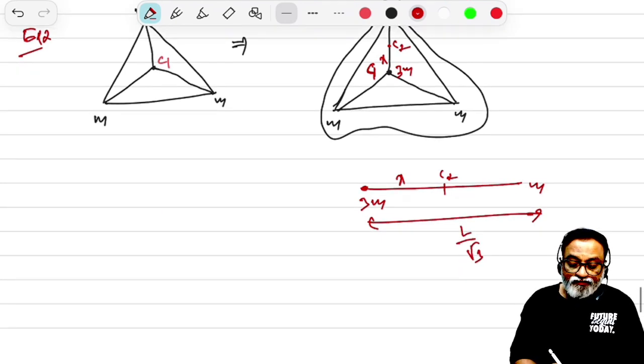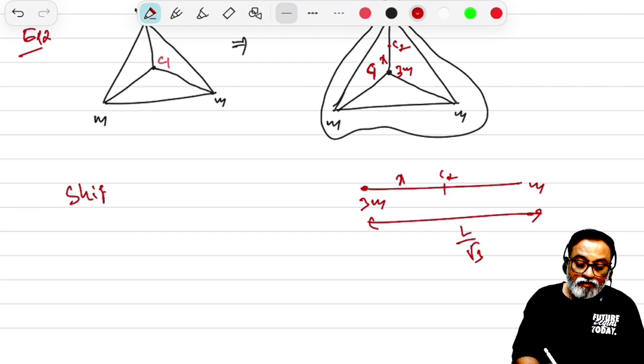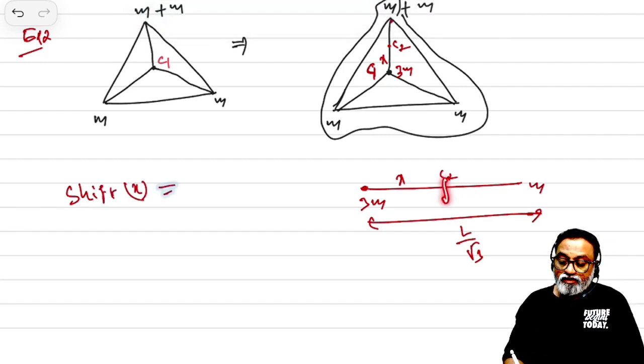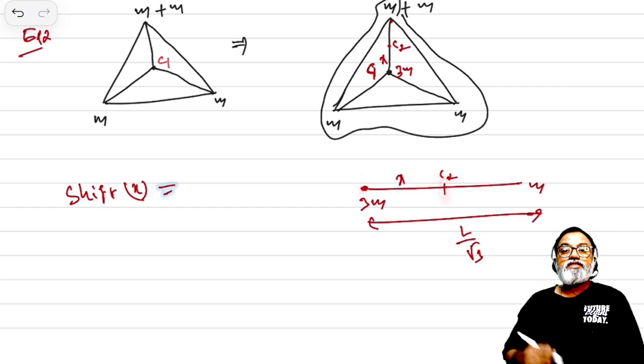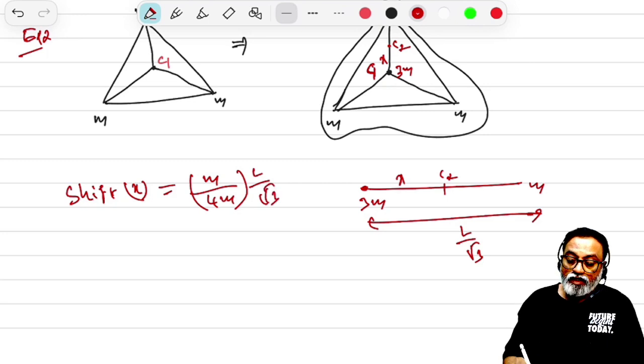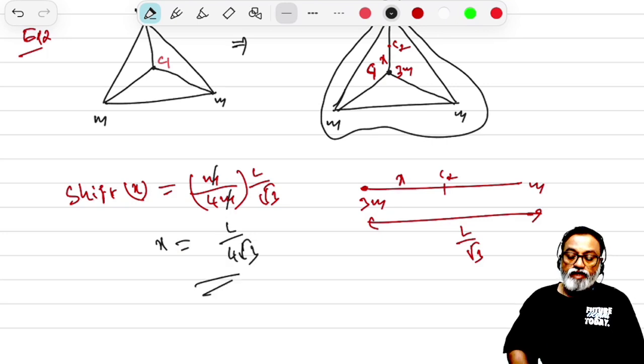Now I have to find the shift, that is X. The center of mass distance from the first body equals second body mass by total mass. Second body mass is M. Total mass 3M plus M is 4M. Then the total distance is L by root 3. Now, M cancels. Therefore, the shift X is equal to L by 4 root 3.